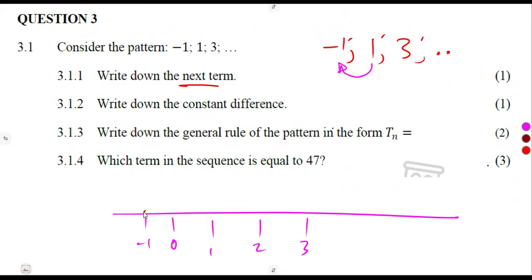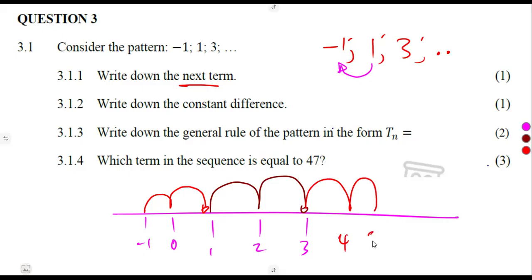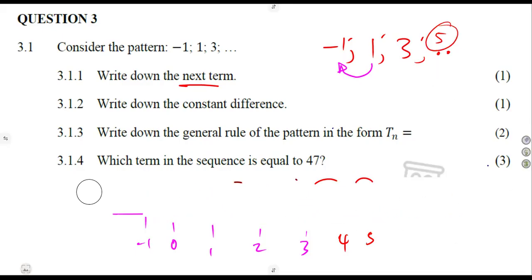From -1 to 1, we move 1, 2. From 1 to 3, 1, 2 again. So from 3, we move 1, 2, so that's 4, 5. The next term was supposed to be 5. But how can we tell properly here? This is just normal, guys.